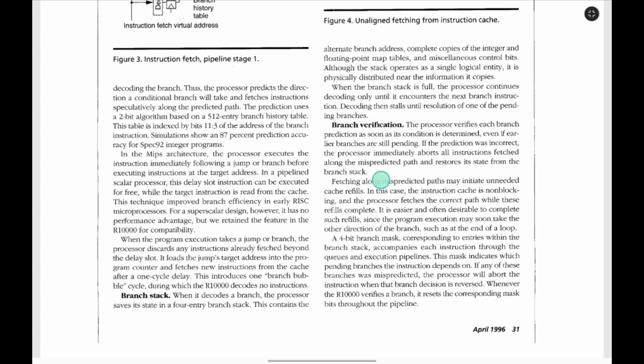Fetching along these mispredicted paths may initiate unneeded cache refills. In this case, the instruction cache is non-blocking and the processor fetches the correct path while these refills complete. It's easier and often desirable to complete such refills since the program execution may soon take the other direction of the branch, such as at the end of a loop.